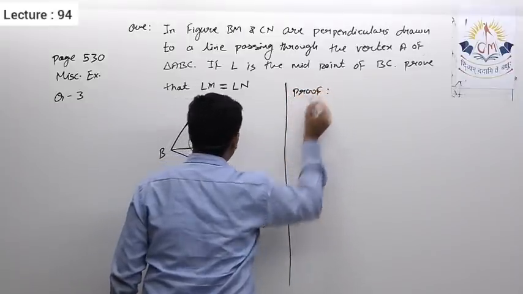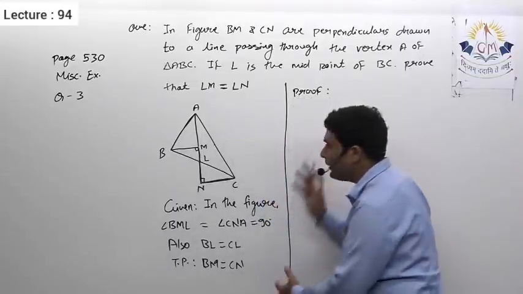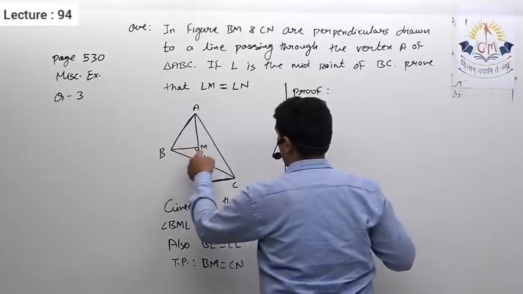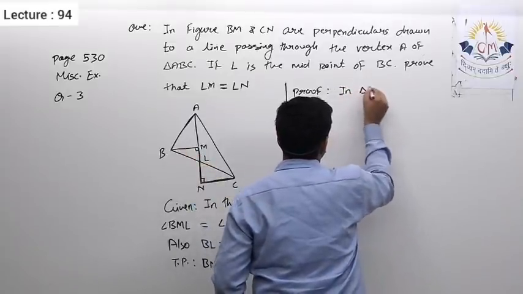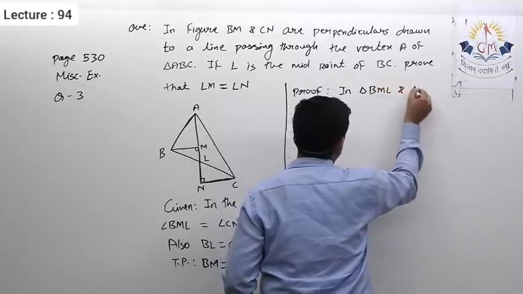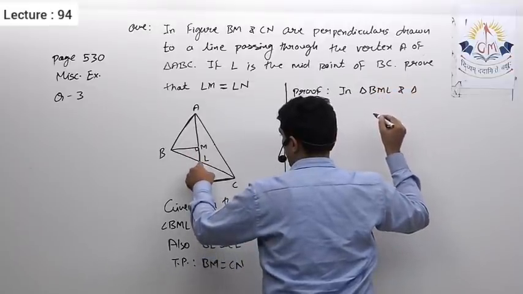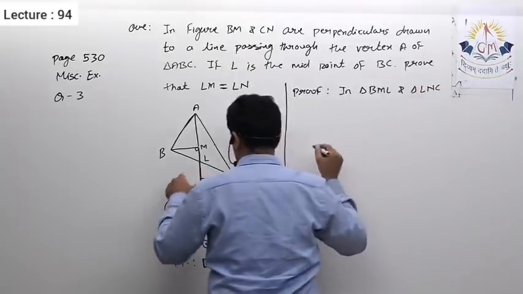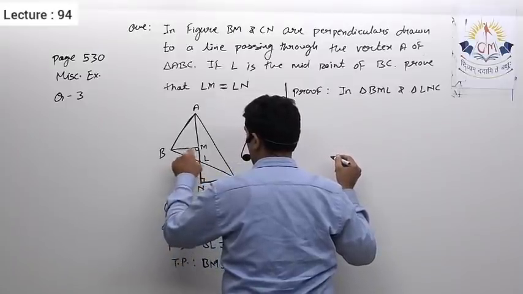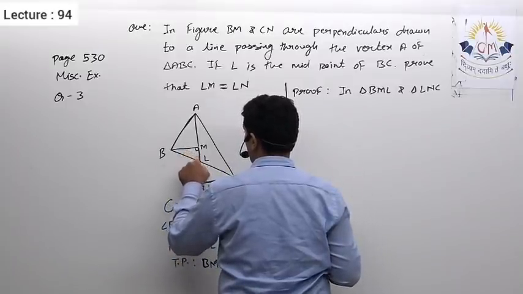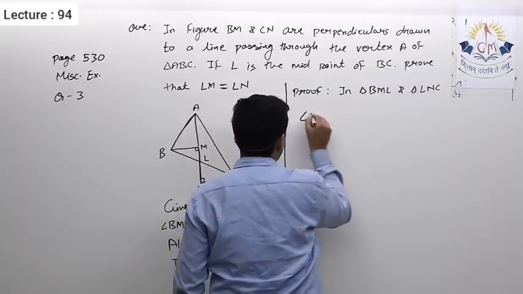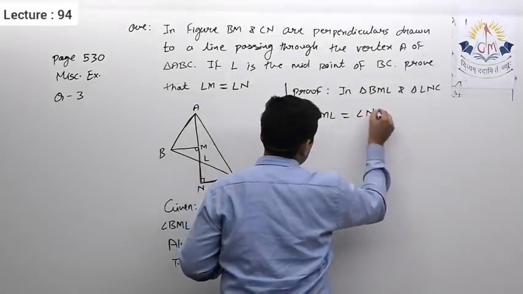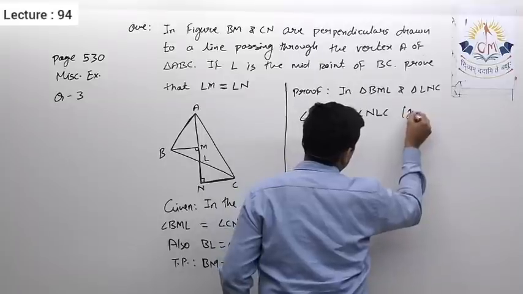It's very easy. This question has nothing related with this particular chapter, simply it's a concept of P. So in triangle BML and triangle LNC, angle and side, that I am going to use, angle side. So angle BML is equal to angle CNL, given, each 90 degree.